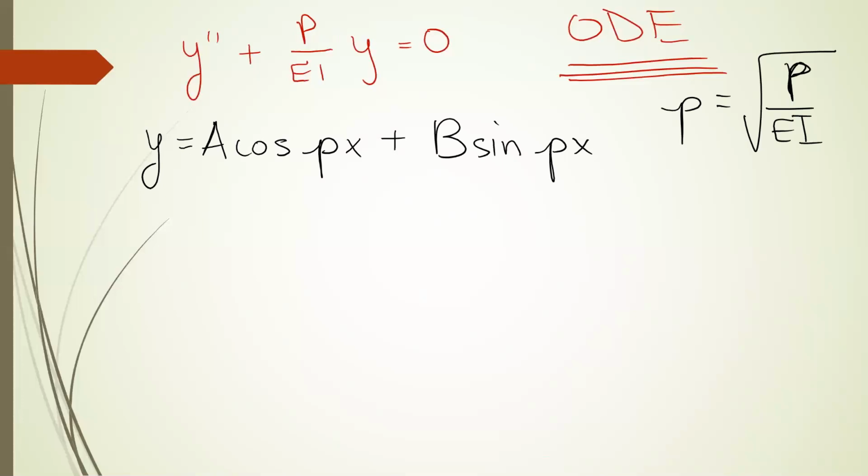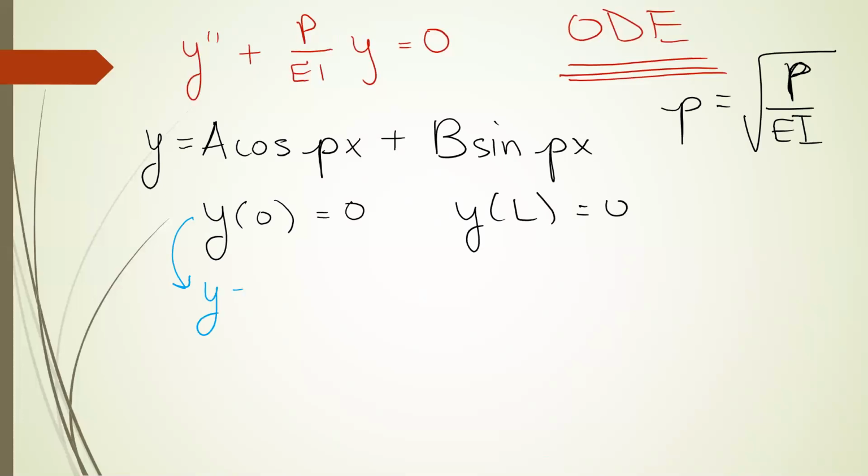And so we want to choose that y of 0 equals 0. So at one end, it has to equal 0, and at the other end, it has to equal 0. So when we choose this first boundary condition and plug in 0, this equation gives us y equals A times 1 plus B times 0 equals 0.